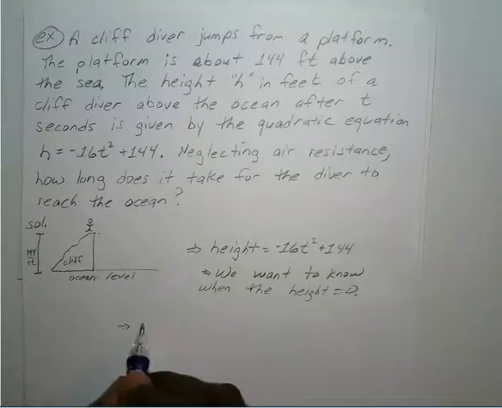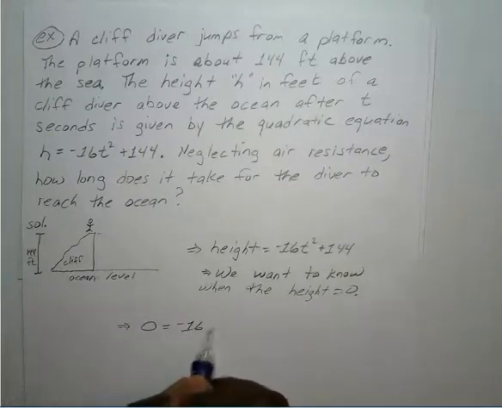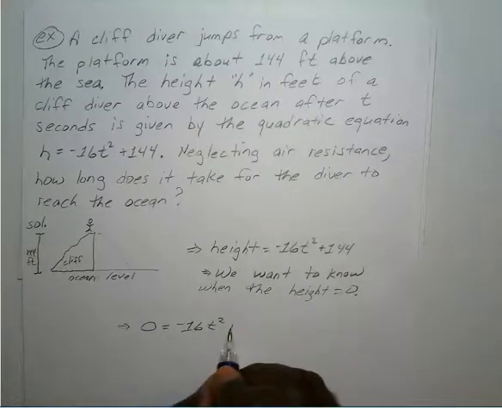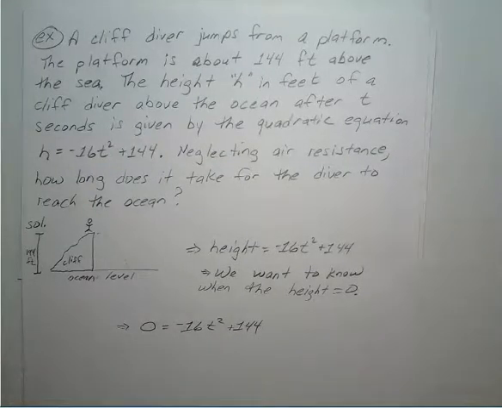So that gives us 0 equals negative 16t squared plus 144. Now if this is the case, we can just solve for t. That will let us know how much time passed by until the height was equal to 0.